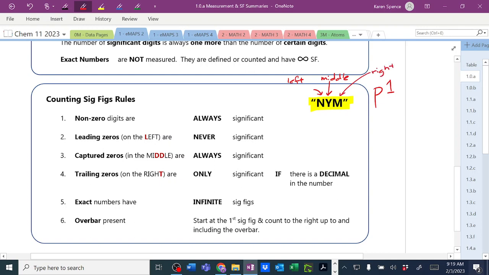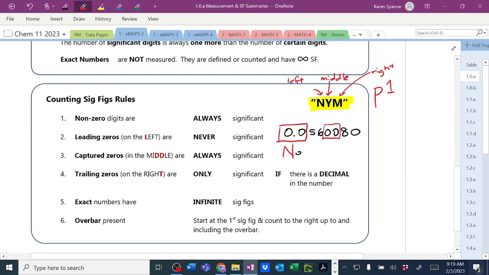And so what we have is, if we have a number 0.0560080, the zeros that are on the left, these ones here, those are no. That's why we have our N, no. They are not significant. Zeros in the middle, that would be like these ones.